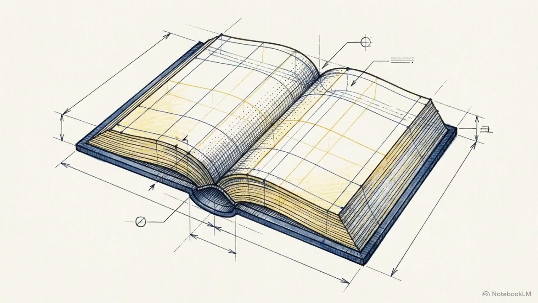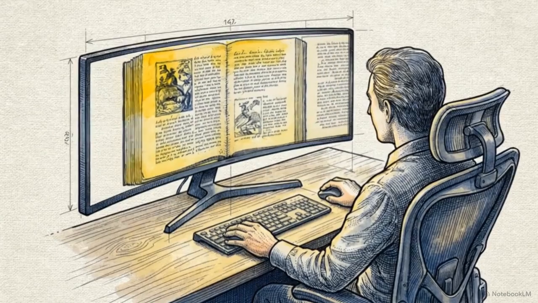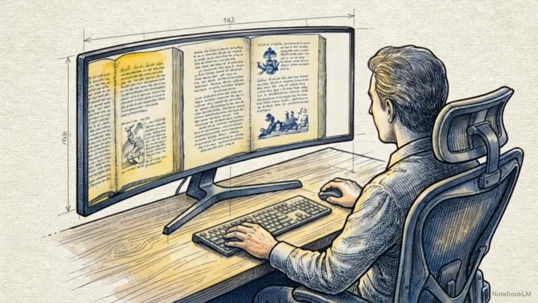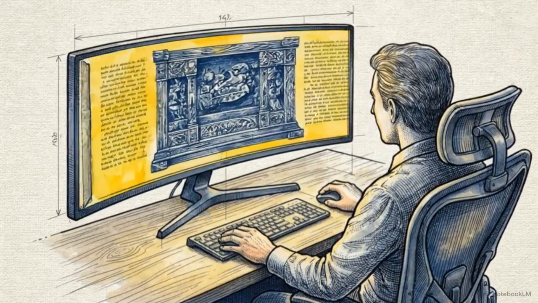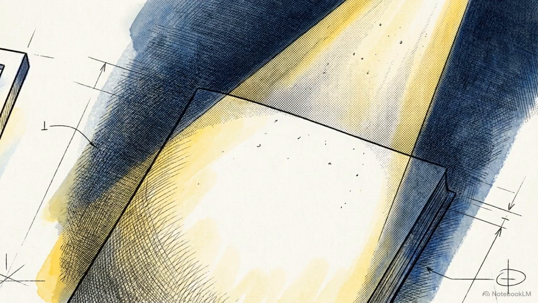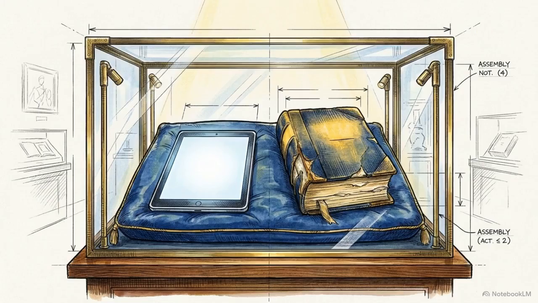They are interacting with a digital surrogate. It allows a user thousands of miles away to navigate a flattened, high-fidelity mapping of a very specific physical space. In the rigorous science of digital preservation, a blank page is never an absence of information. It is the ultimate proof of an uncompromised historical reality.